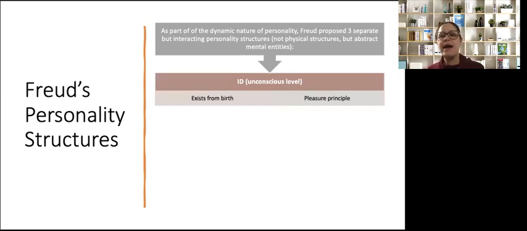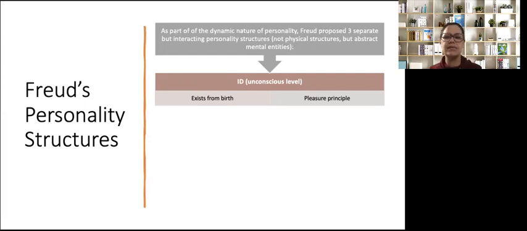So first we have the ID. This is at the unconscious level. Freud argued that this exists from the time you're born and is associated with something called the pleasure principle, where the goal is immediate reduction of tension or maximization of satisfaction. At this level, the ID is typically associated with primitive or instinctual cravings or longings.